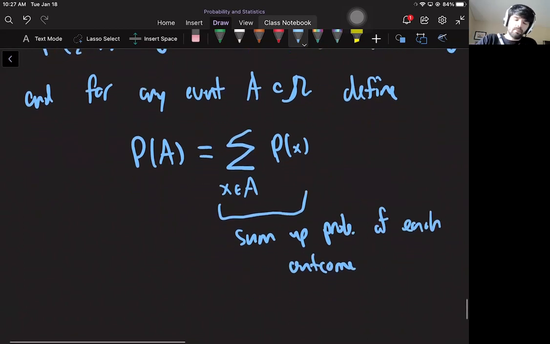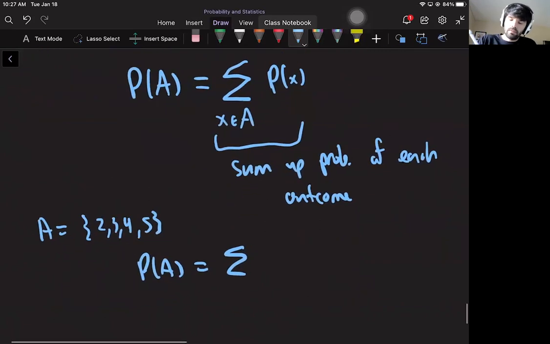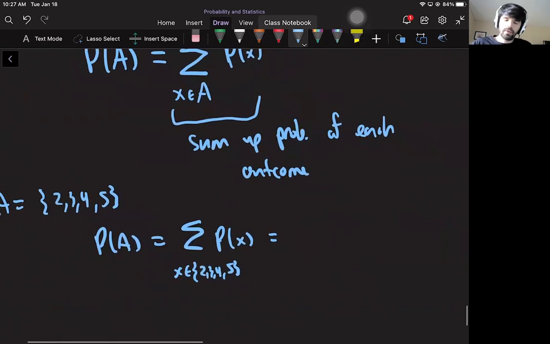So for example, if A is 2, 3, 4, 5, then this is saying this. You don't have to write it like I'm doing, I'm just trying to show you exactly what it means. So this is a summation symbol.